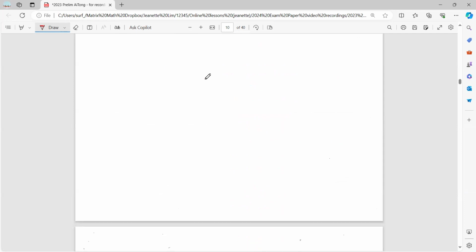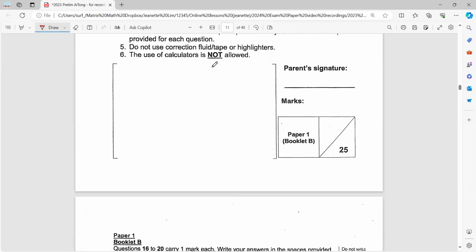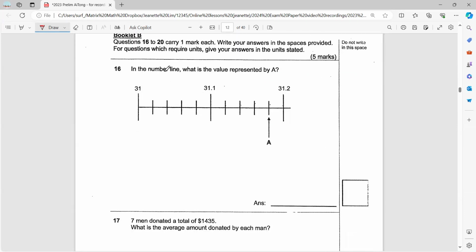Okay, now let's look at booklet B. No calculator still. In the number line, what is the value represented by A? Okay, so you have intervals between 31.1 and 31.2.